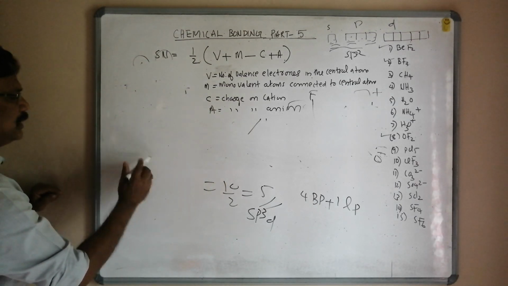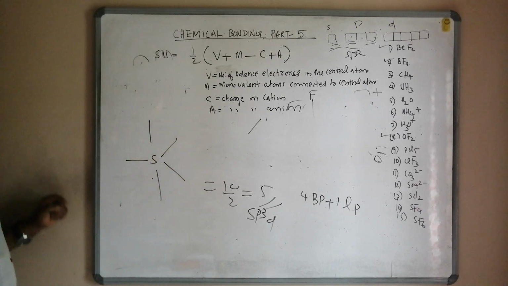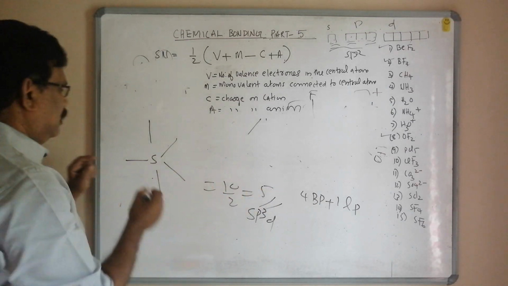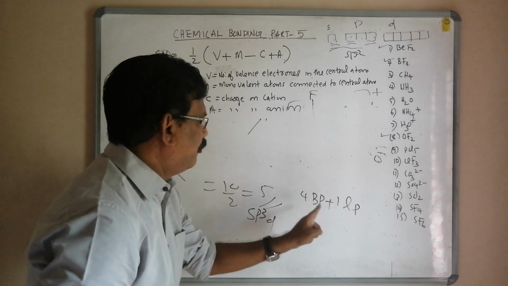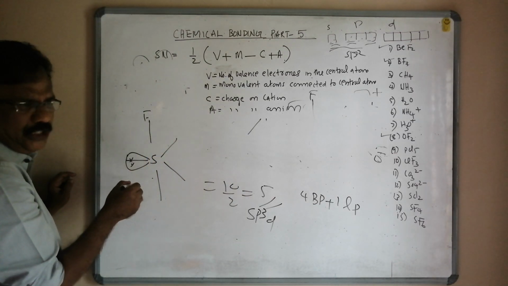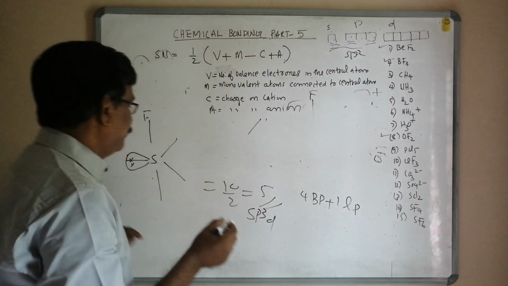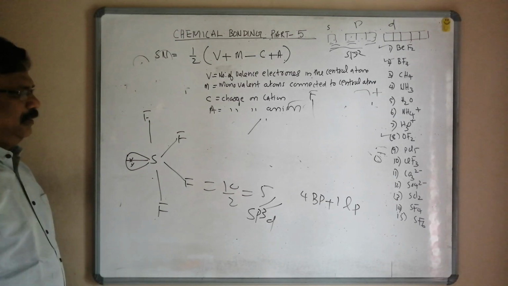The lone pair is present in the equatorial position to minimize the repulsive force according to VSEPR theory. So this is SF4.